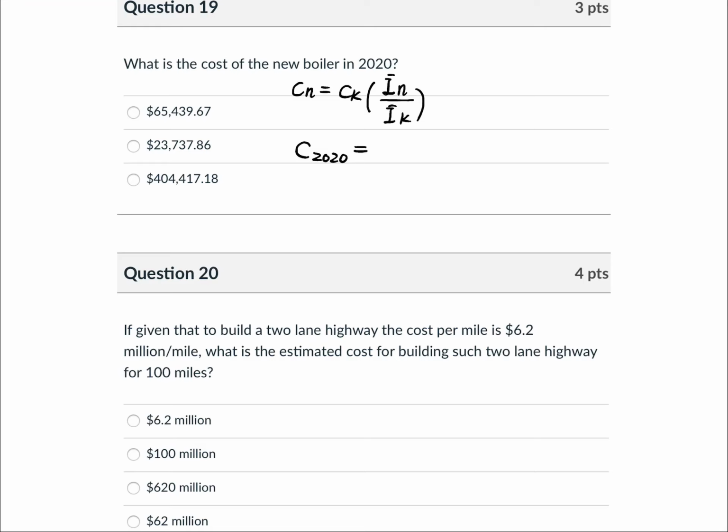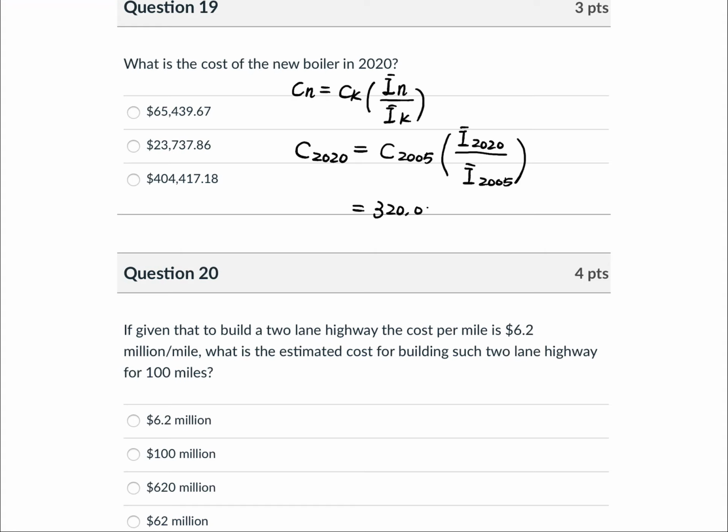You need to estimate it. And K is the year when you know the price, so CK is C 2005. So the index above the bar is the index of that unknown year, so it's 2020. And then the index beneath the bar is the year you know the price.